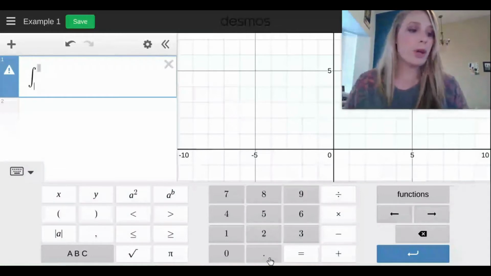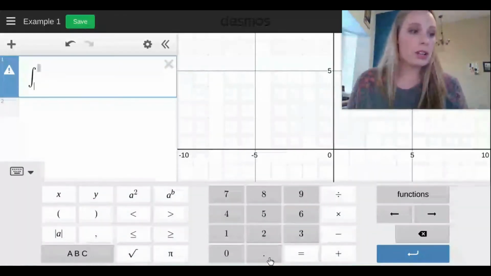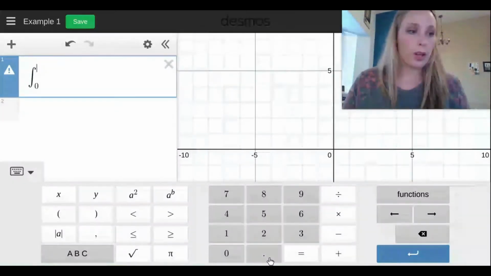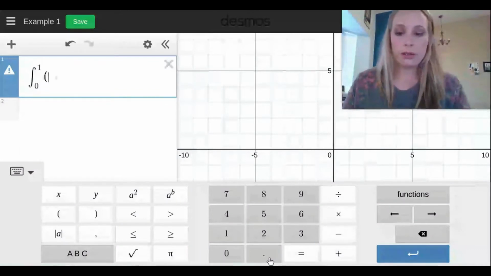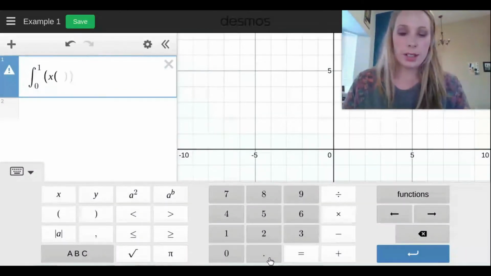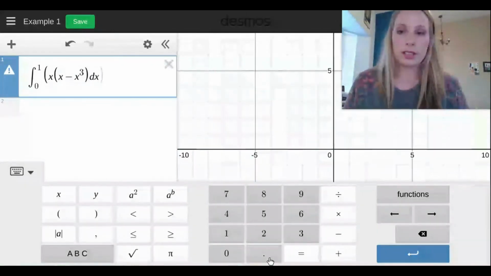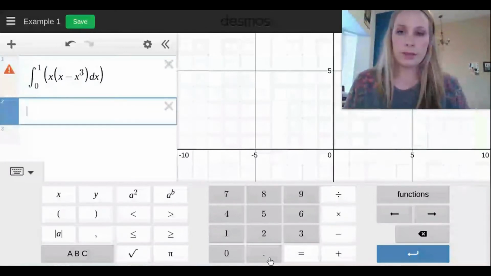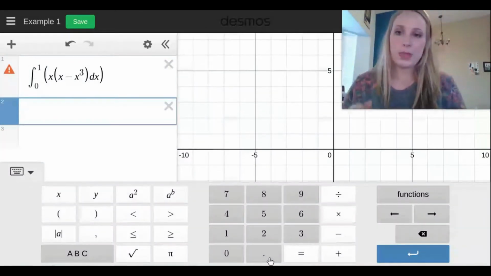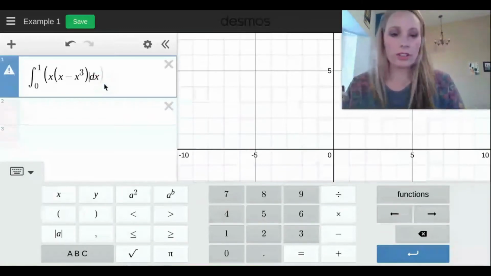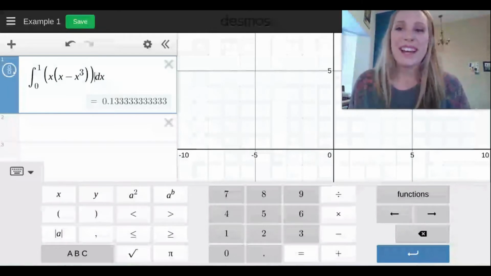In this problem, we were trying to solve from 0 to 1 of x times x minus x cubed dx. Oh, I put the dx in the wrong spot. See, guys, I'm not very good at the technology thing, but this is my favorite one.